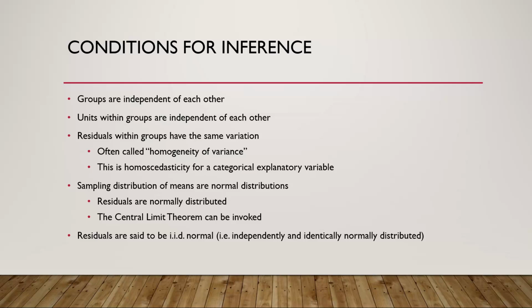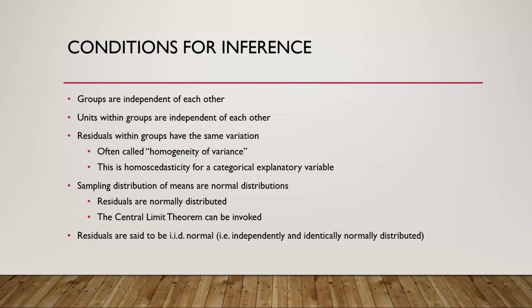And what did that mean? That meant that no matter what the value of your explanatory variable, the residuals at that value of the explanatory variable should have the same variation as residuals at other levels of the explanatory variable. We called that homoscedasticity. Think about it. It's the same thing here.